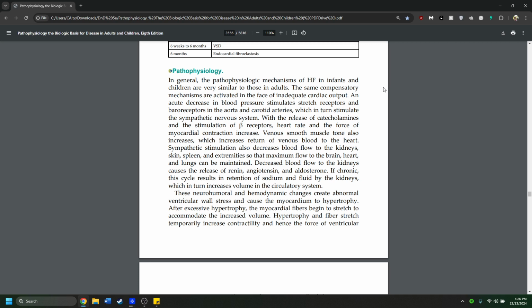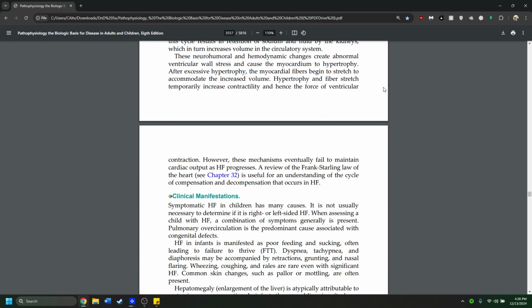These neurohumoral and hemodynamic changes create abnormal ventricular wall stress and cause the myocardium to hypertrophy. After excessive hypertrophy, the myocardial fibers begin to stretch and accommodate the increased volume. Hypertrophy and fiber stretch temporarily increases contractility, and hence the force of ventricular contraction.